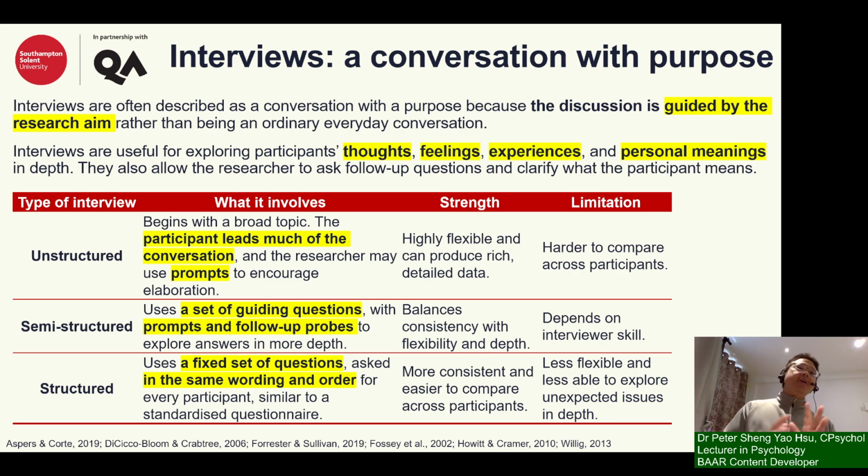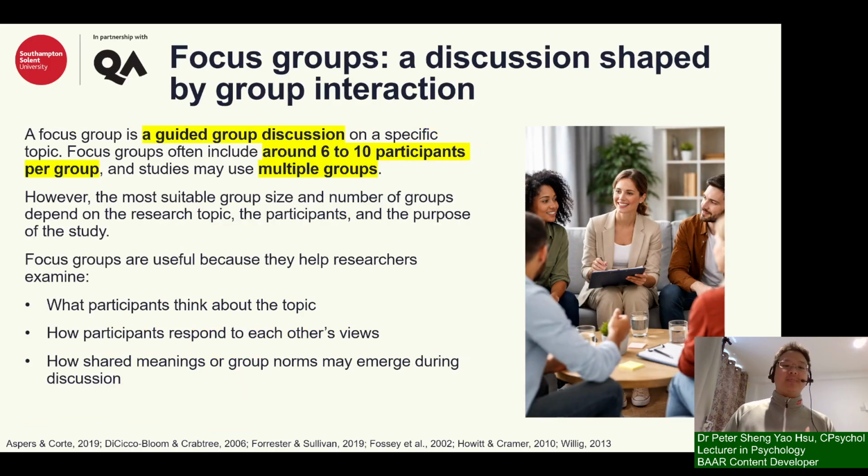Now, we can compare interviews with focus groups, where the key feature is not just the individual participants' accounts, but the interaction between participants. A focus group is a guided group discussion on a specific topic.